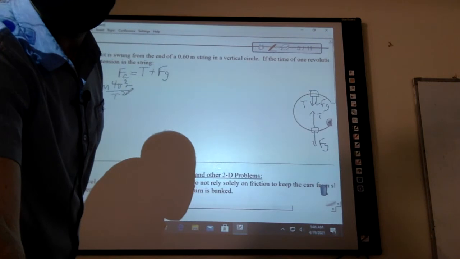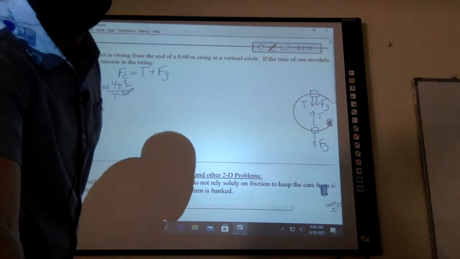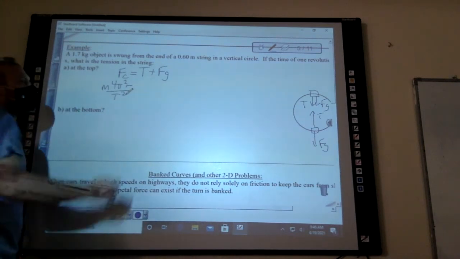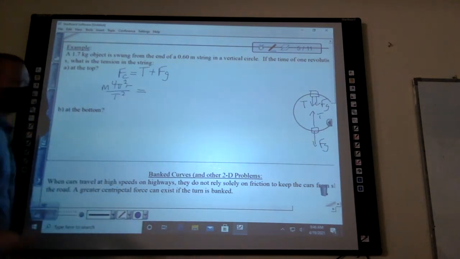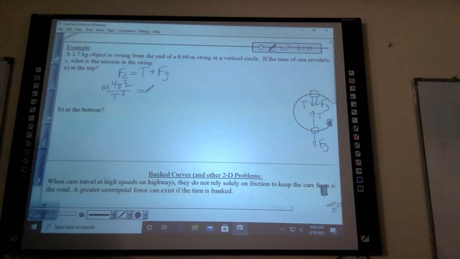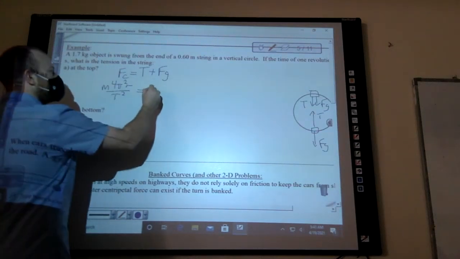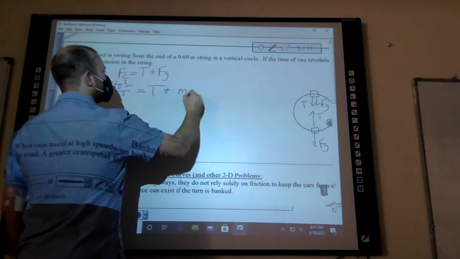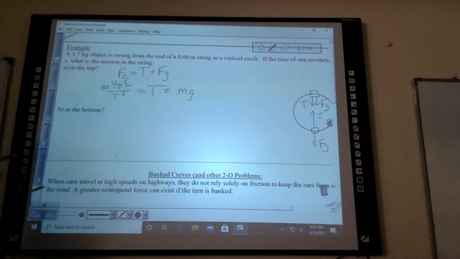It shouldn't be r squared. Yep, that's right. You can tell outside of this unit you don't use this equation much because I never remember what it is. So this equals tension plus force of gravity, which is just mg. Notice here the m's do not cancel, so you cannot always assume the m's will cancel.